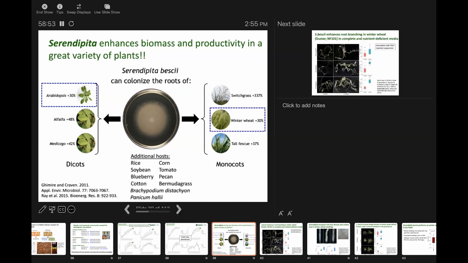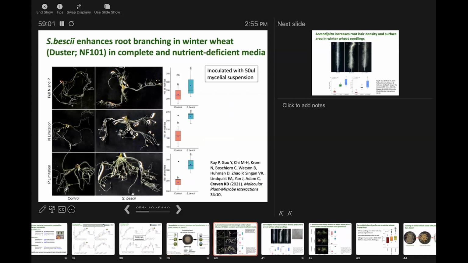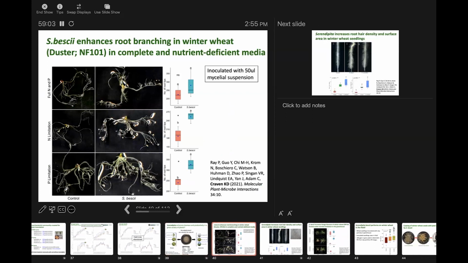Right, winter wheat, this is my target. This is the one that I have been brought on to improve with microbes. Okay, that's everything. This is that fungus on the root systems of winter wheat plants. Duster, this is a genotype that was developed at Noble.